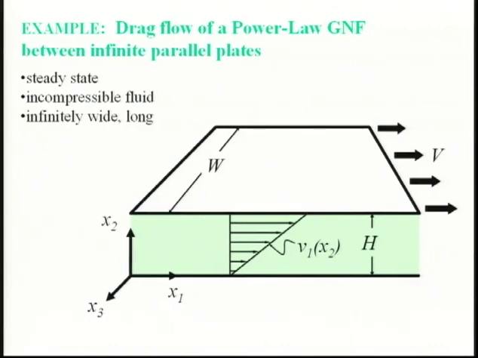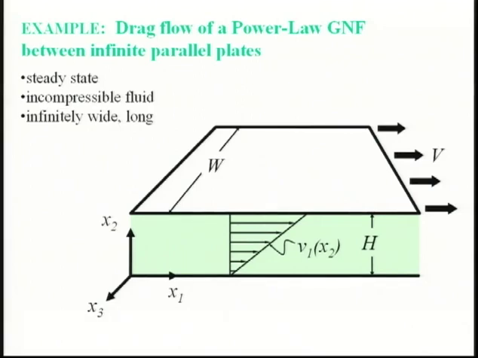Carl, how would you start this one off? Start with continuity. Okay, what's that? del dot V equals 0. Yeah, del dot V equals 0. So that one we can do with our Einstein notation, d by dxi ei dot vp ep, if you haven't already memorized it.